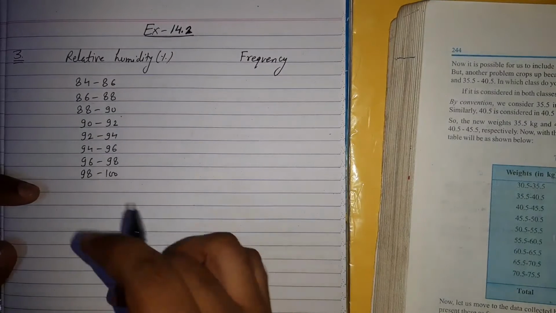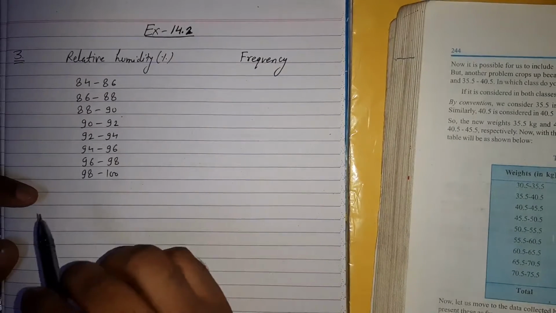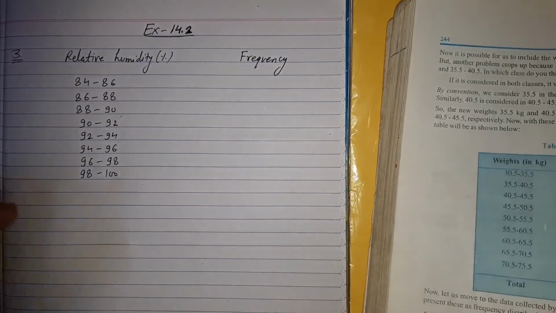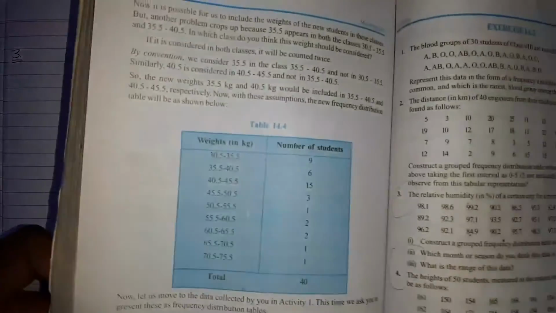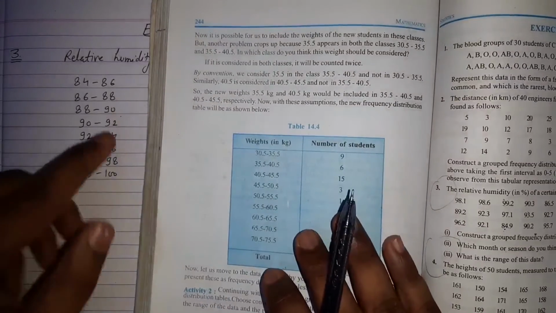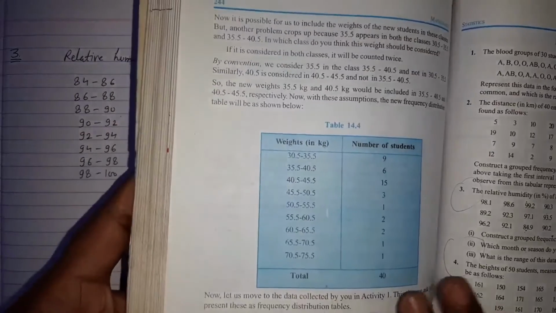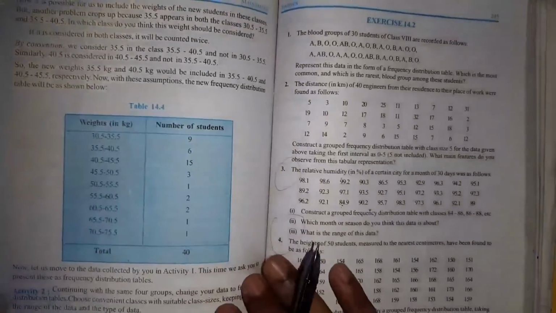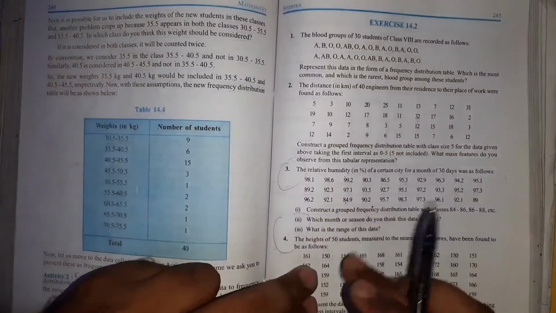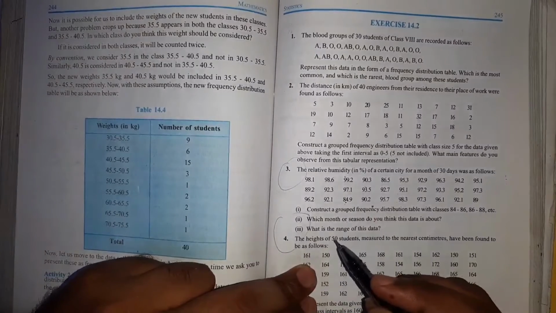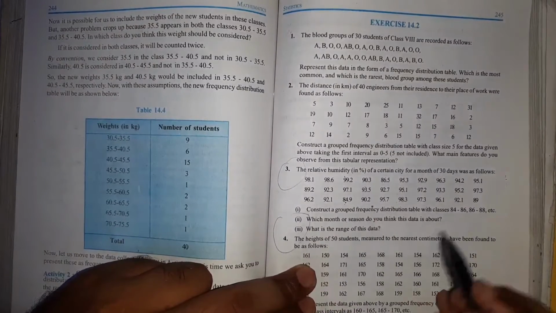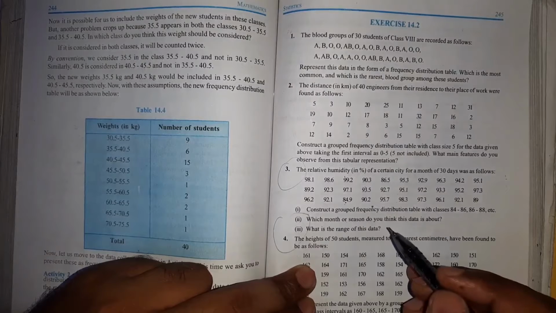Now we will find the frequency of this class interval. The first class interval is 84 to 86. In the first class interval, 86 will not be included. We can find the frequency of 84 to 86 from this data, how many numbers lie between 84 and 86, but 86 we will not include.